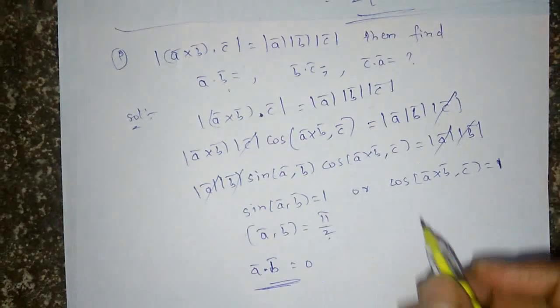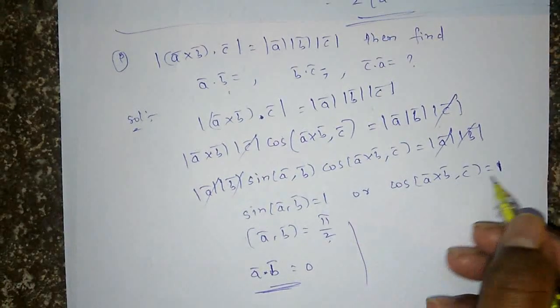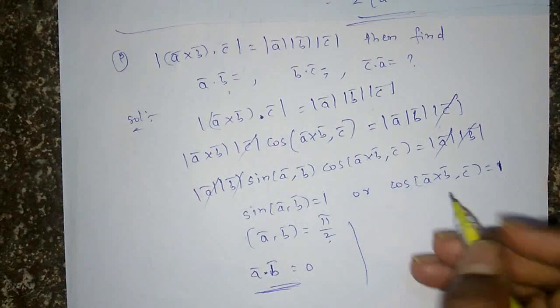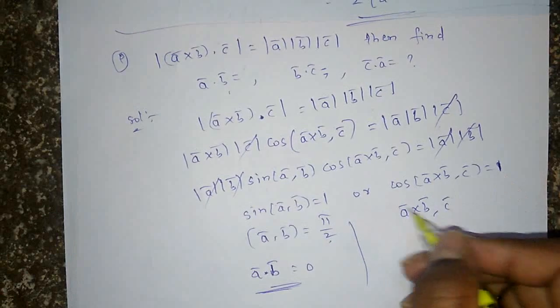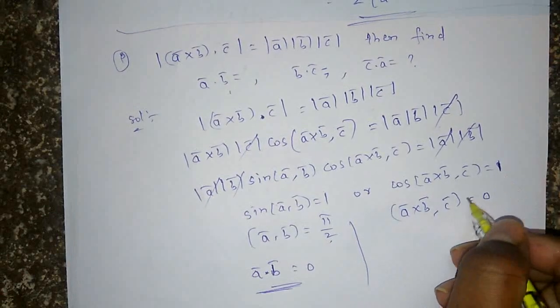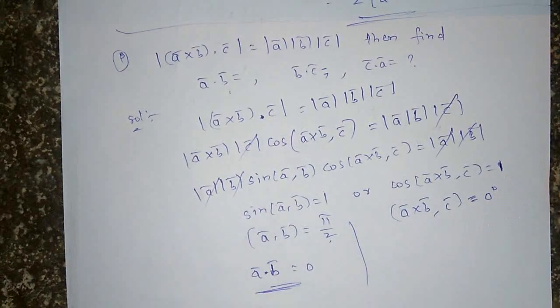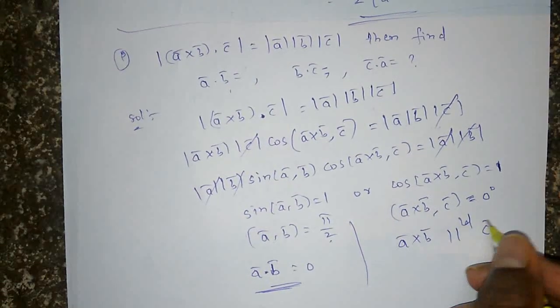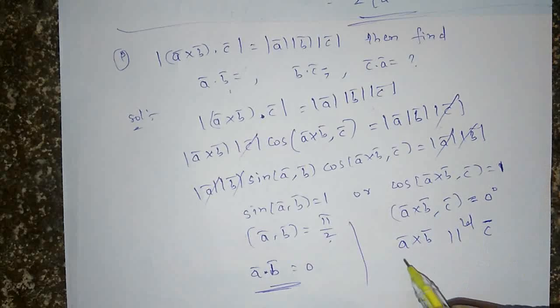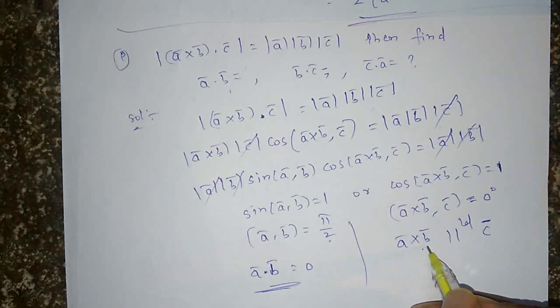One value I got. Next, here cos of the angle is 1. Cos of the angle being 1 means the angle between A cross B and C bar is 0 degrees, which implies A cross B is parallel to C bar. So what is A cross B? A cross B is a vector perpendicular to both A bar and B bar.